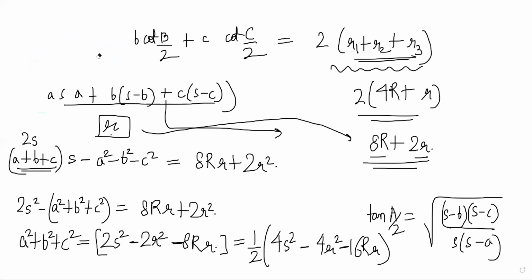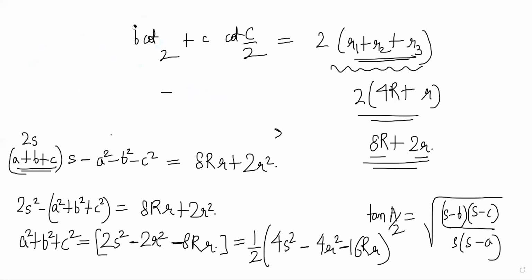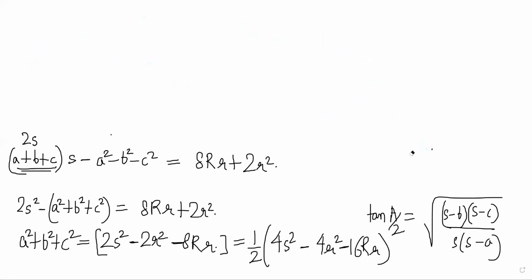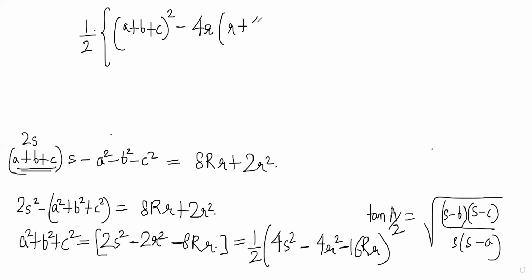So this is equal to half of (a plus b plus c) whole square minus 4r (r plus 4R), because a plus b plus c is 2s.